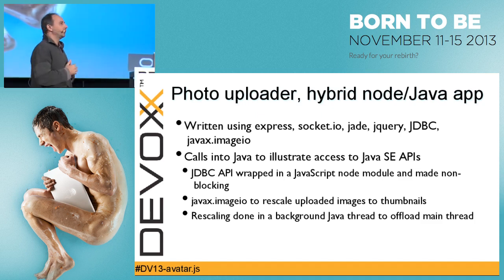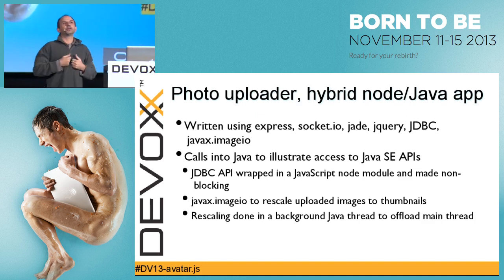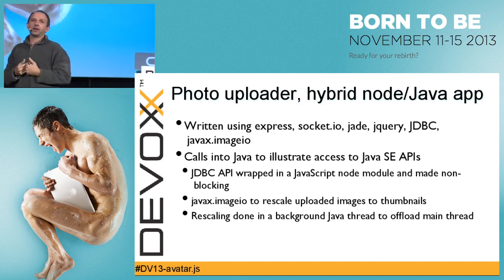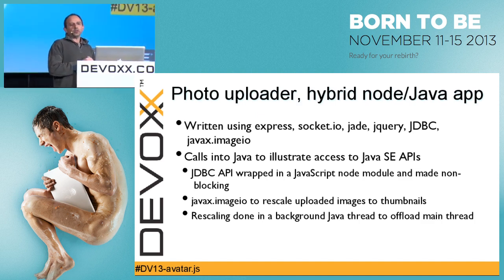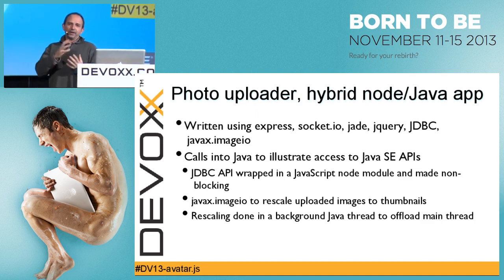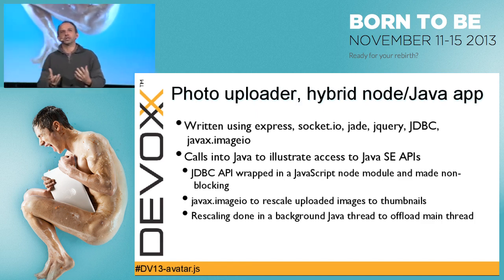And the server side will, thanks to WebSocket, immediately notify connected clients that new thumbnails are available. So what we want to highlight there is really creating this kind of hybrid Node Java applications.